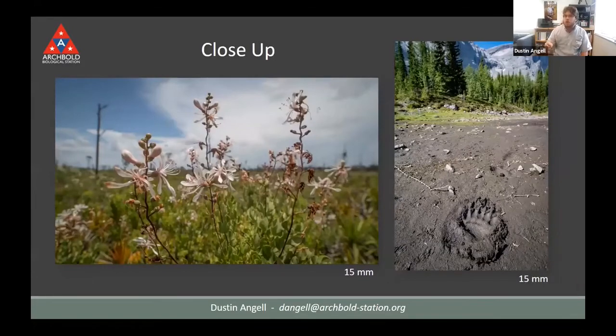When you want to take photographs of things really close up, you use something called a macro lens. And these are not macro lenses, but you can get very close to things. And sometimes you can use them as if they're a macro lens.